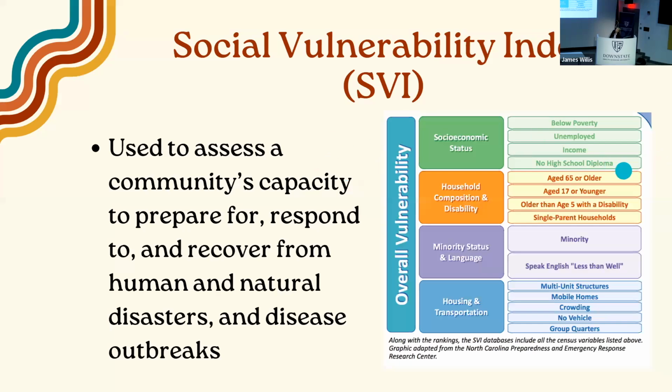It's based on a number of different factors that produce a number from 0 to 1. The closer it is to 1, the less likely that these communities are able to prepare for, respond to, and recover from disasters. And the government and public health officials use the SVI to determine where resources should be allocated when we have disasters or disease outbreaks.